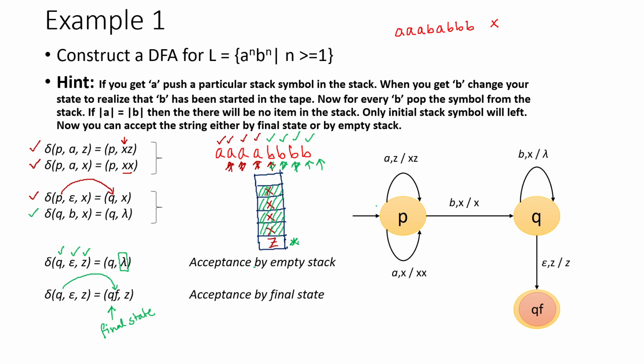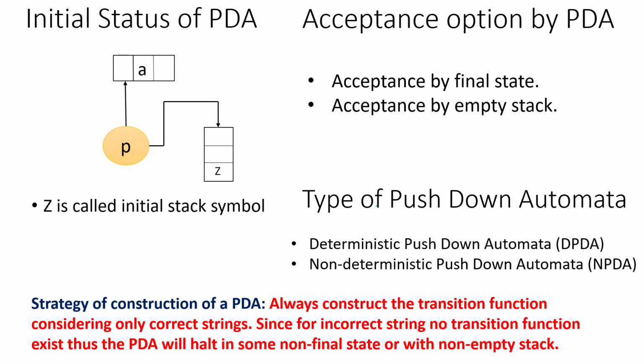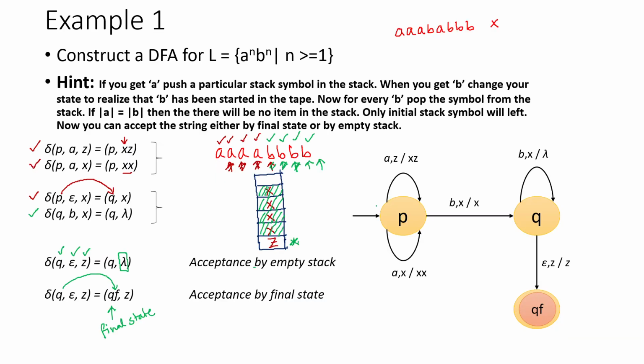Now naturally the question will come that if a wrong string is encountered, then what will happen? As I told you in my previous slide, always construct the transition function considering only correct strings. Since for incorrect strings no transition function exists, if you have some incorrect string, there will be absence of some corresponding transition function, so that the pushdown automata cannot proceed.